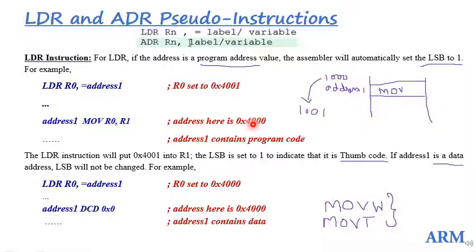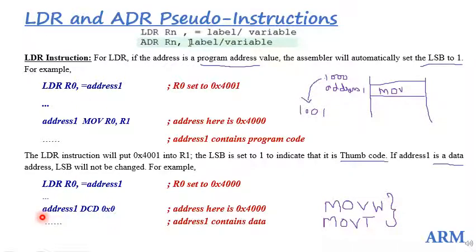But when you use this LDR instruction to load the address of this memory location, R0 will be set to 4001, as I have just explained here. Okay. Now suppose the memory address label is going to point to data. See, there is an example here for demonstrating that.